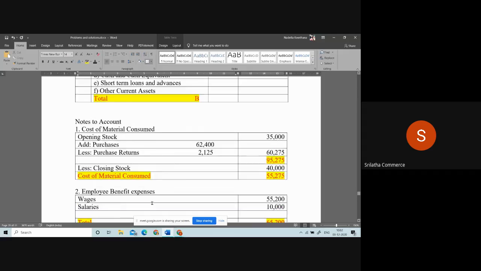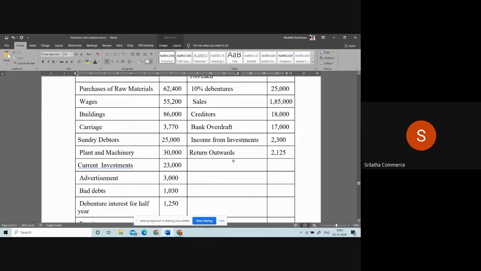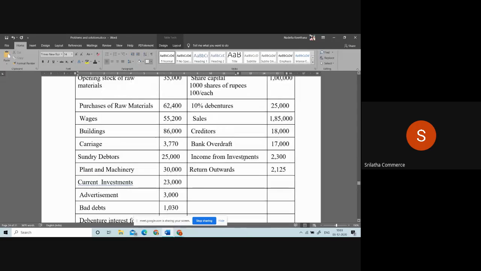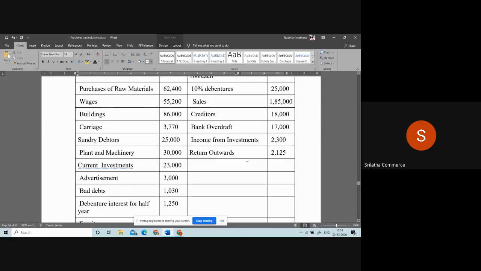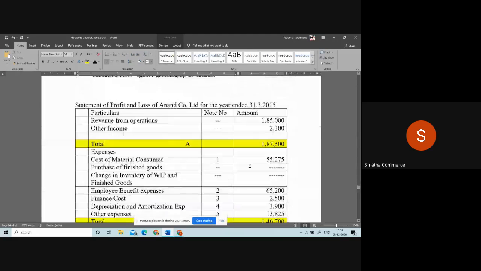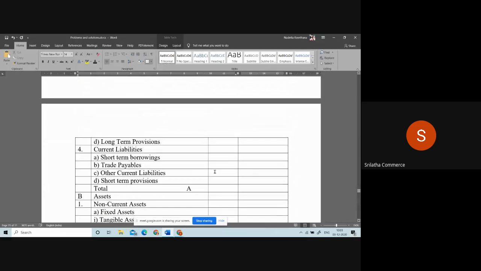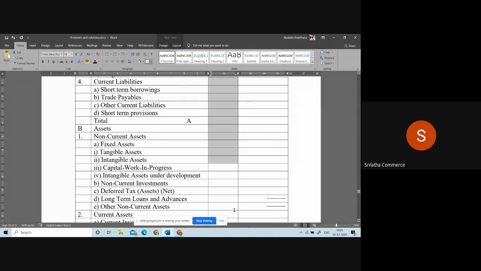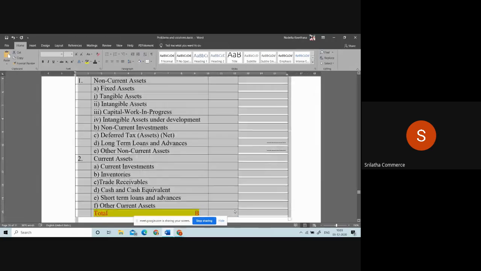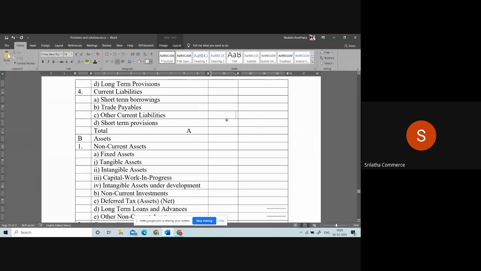Then the next is income from investments, return outwards. We had taken those. Then comes 10% debentures, interest outstanding, which comes under other current liabilities. I think we do not have any other adjustment. So directly under other current liabilities, we'll take the amount, notes to account. Other current liabilities.